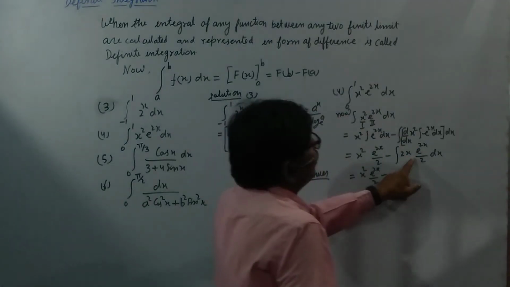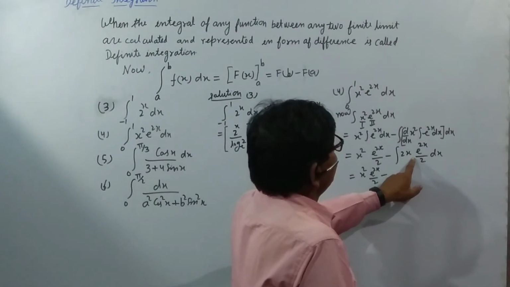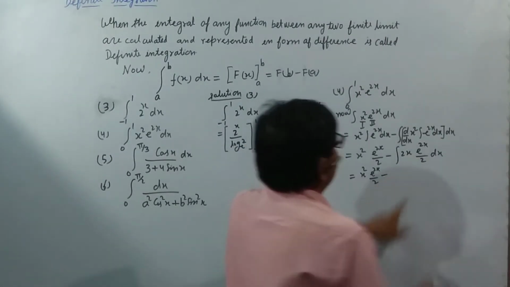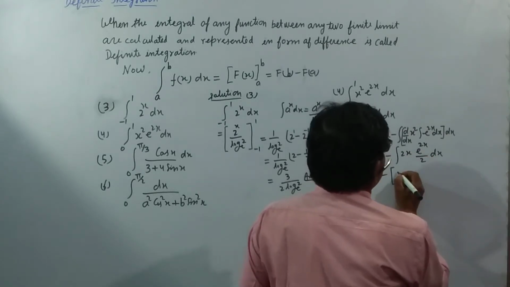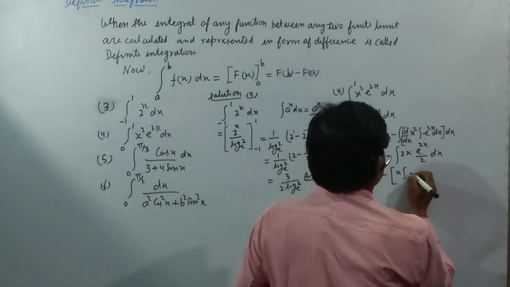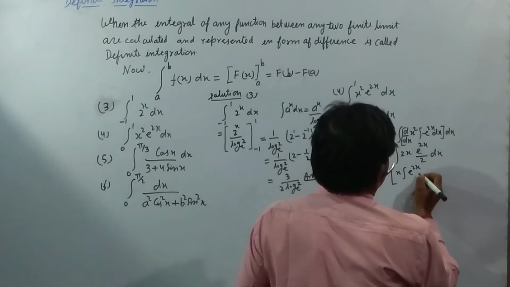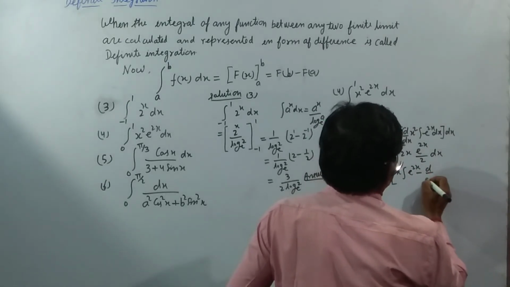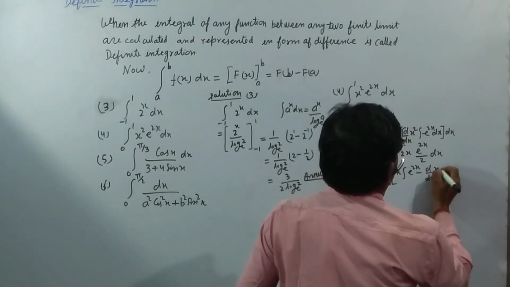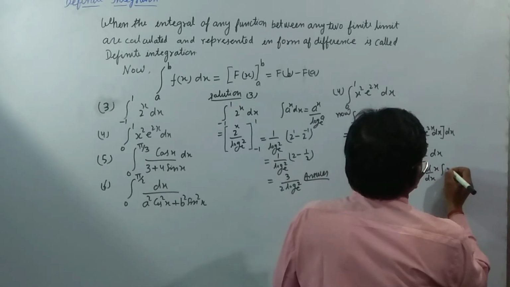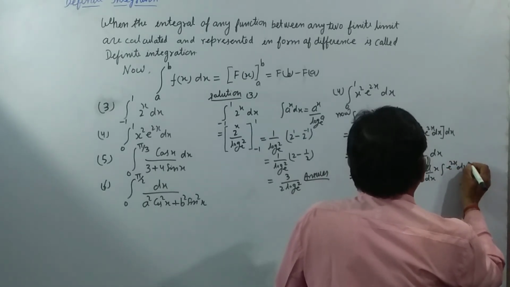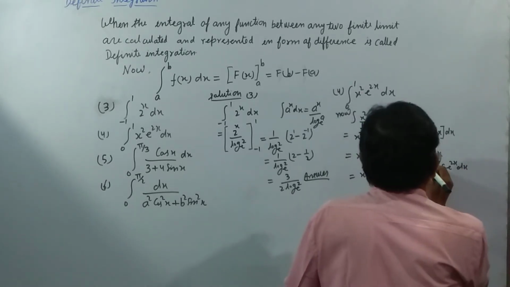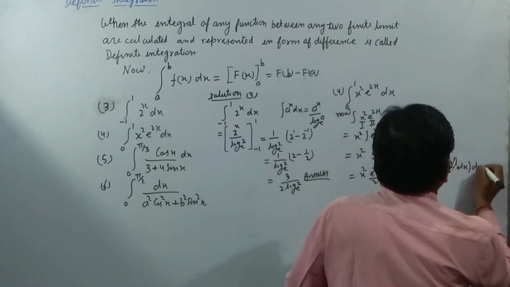Now we also apply the integration of first function and second function, so this will be equal to first and second. First function x, integration of e to the power 2x, minus d by dx of x, integration of e to the power 2x dx, and integration of the whole function.